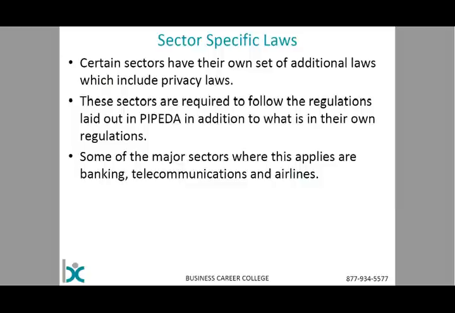So under the Federal Bank Act, specifically, it has provisions that relate to the collection of information and the protection and storage of that information. The information that it's referring to in those sector-specific laws are more specifically related to financial information.